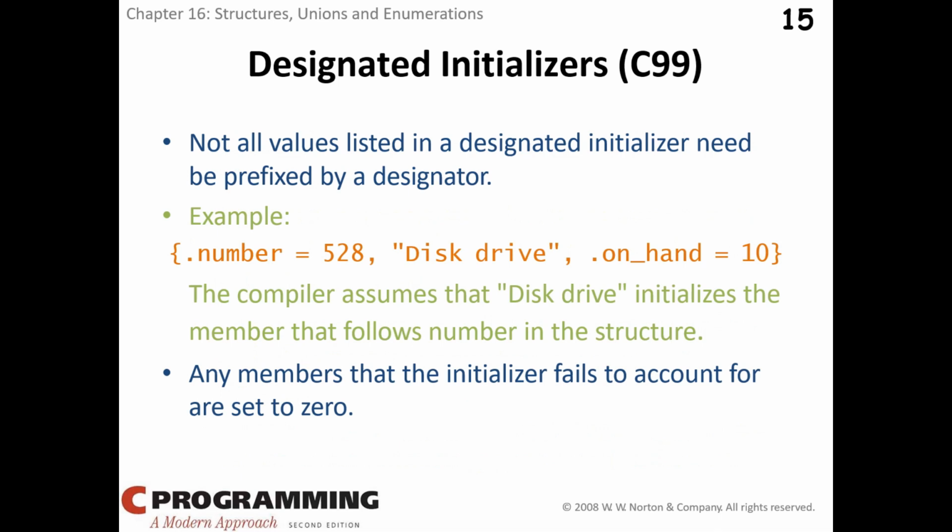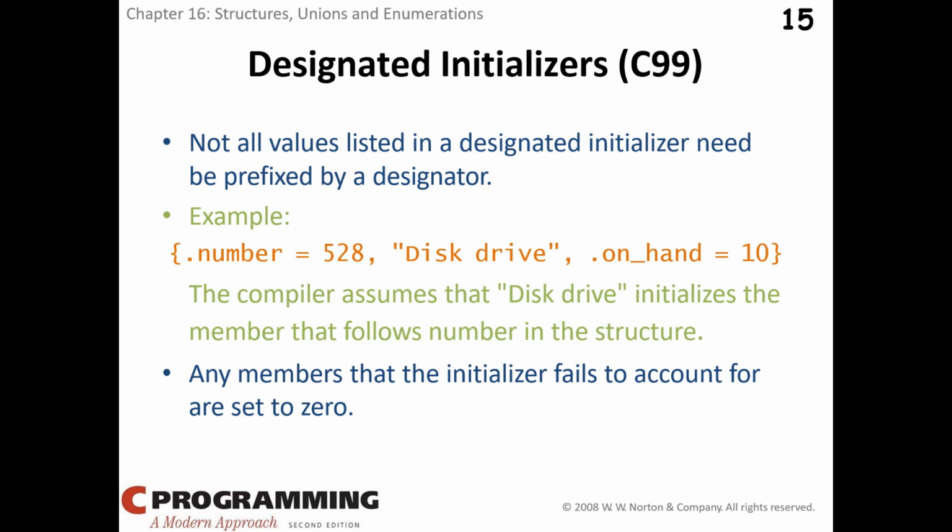In a designated initializer, not all values need to be preceded by a designator. This means that some values can be provided without explicitly specifying the member they initialize. Instead, the compiler assumes that these values correspond to members in the order they appear in the structure definition. For example, we have an initialization example here in the slide. In this initializer, the value "Disk drive" is not preceded by a designator.